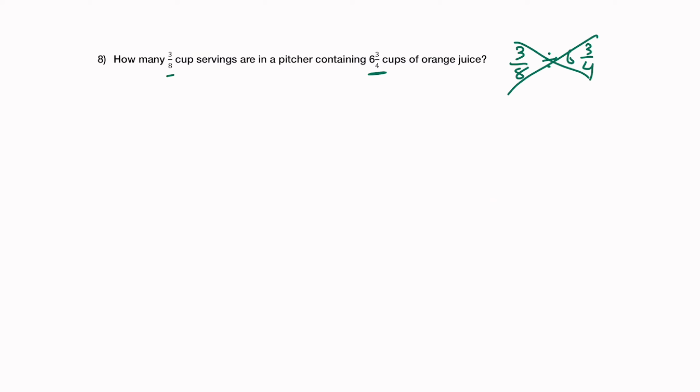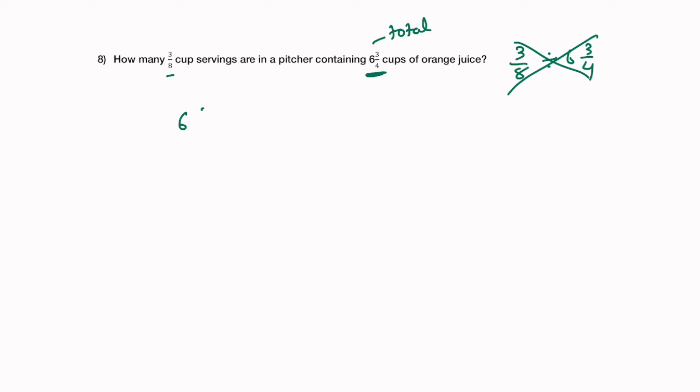No, this is not what it's saying. How many 3/8 cup servings are they in a pitcher which contains 6 3/4 cups of orange juice? So the pitcher has this, that's the total. So it's very important to understand what's your total, and that's your dividend.